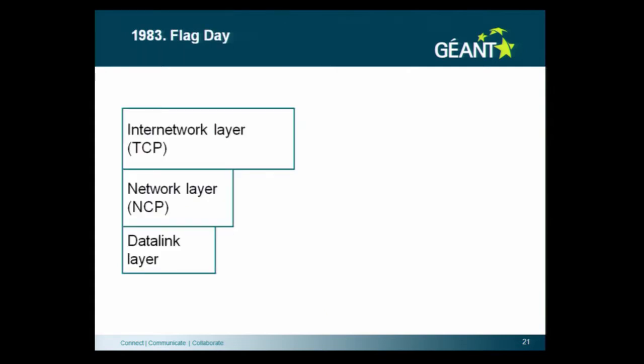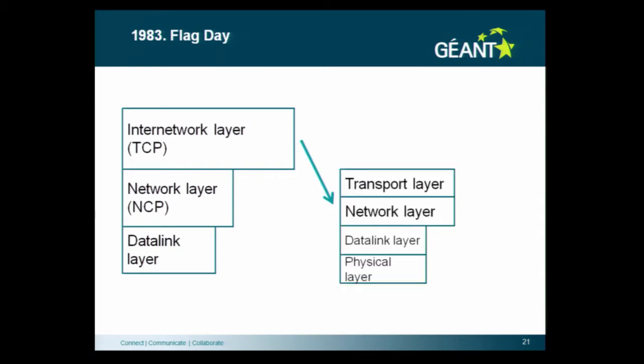So in 1983 there was something called Flag Day, and that's when they decided that the protocol will be TCP/IP, and they moved the ARPANET towards TCP/IP. But this is the INWG model, and it had 3 layers. What they thought the internet should look like: you have a data link layer, you have the network layer, which is based on the NCP of ARPANET, and on top you would have an internetwork layer based on TCP.